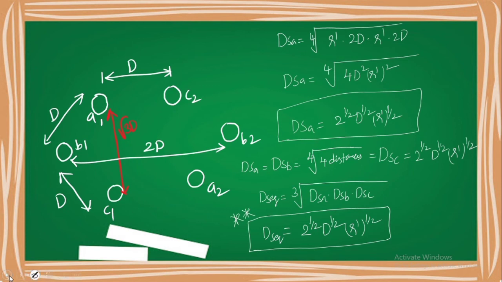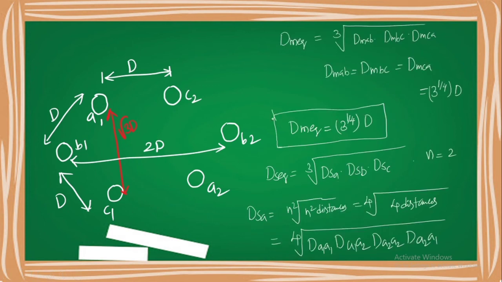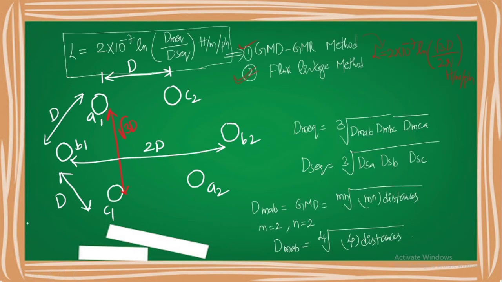One is DS equivalent and another one is DM equivalent, in the generalized expression for inductance. What is the generalized expression? This is the expression: 2 times 10 power minus 7 ln of DM equivalent by DS equivalent.